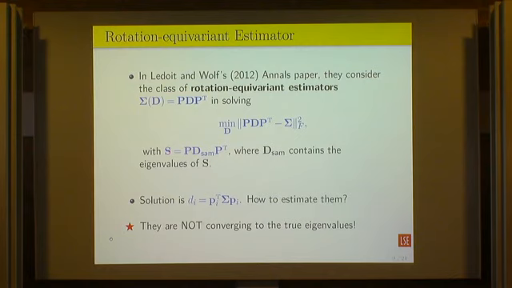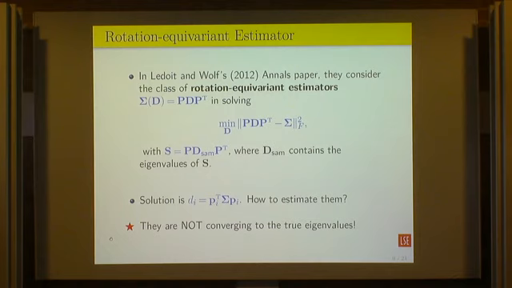But if we are going to use this eigenmatrix as the eigenvectors, then we want to find the eigenvalues that will minimize the distance between this and the true covariance matrix sigma in Frobenius norm.